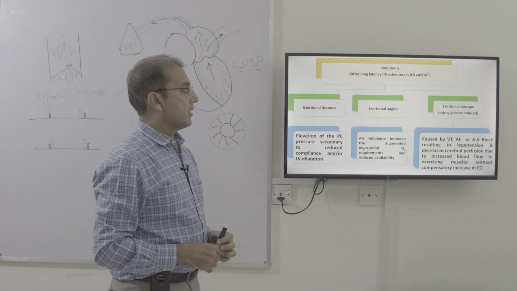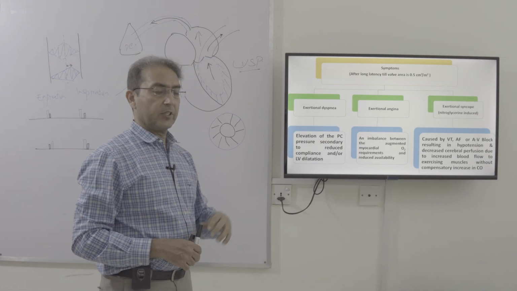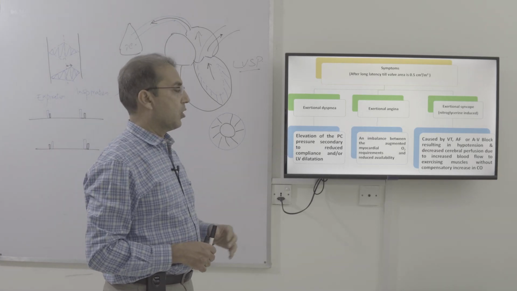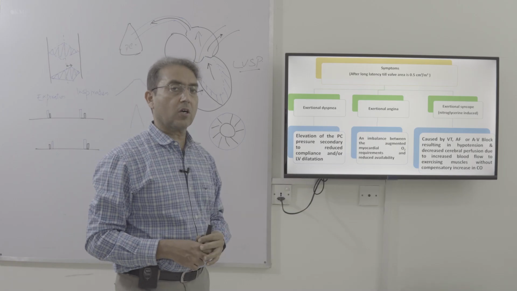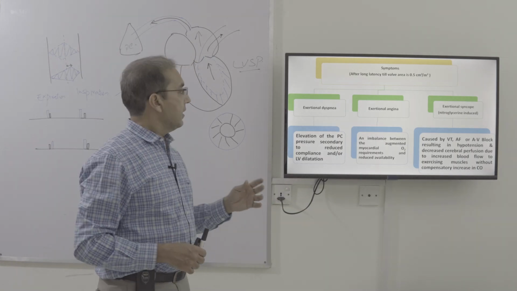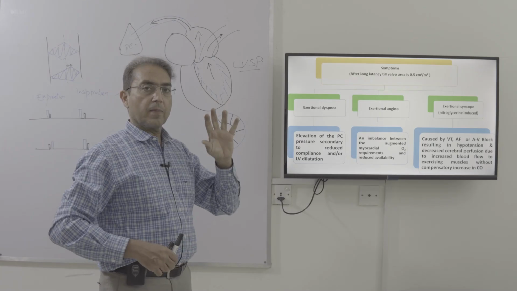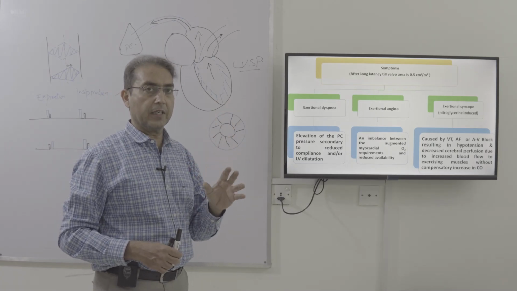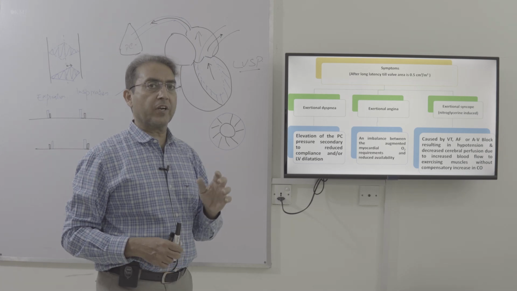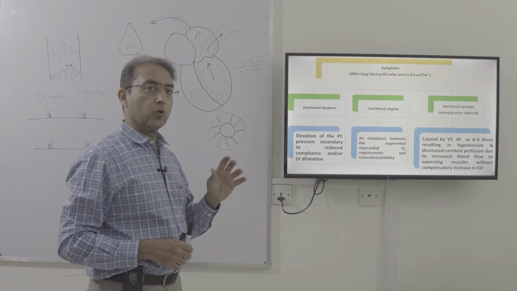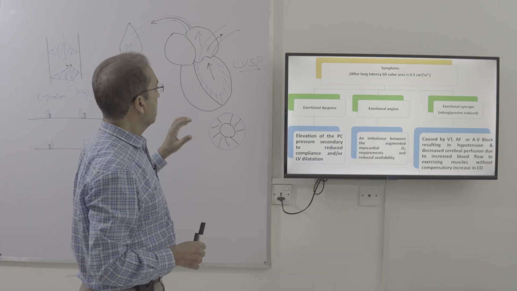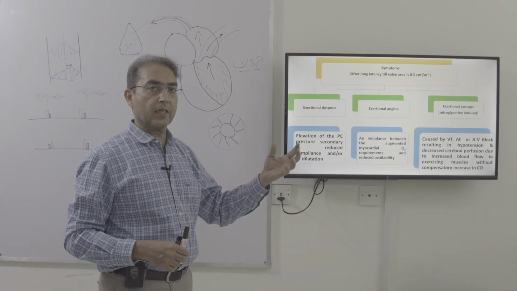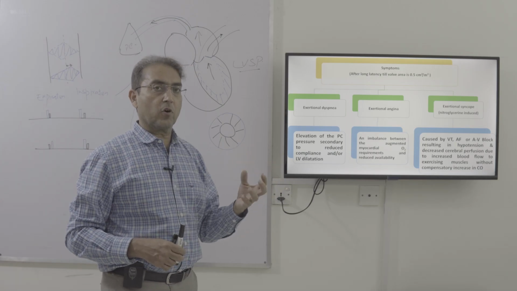Then the patient may have exertional angina. Patients usually do not have angina at rest, but it's usually with exertion because there is an imbalance between the oxygen supply and demand. The cardiac output in aortic stenosis is usually fixed. It cannot be increased very much. There is only a small fraction which can be increased if the stenosis is not very tight. But since this is a hypertrophied muscle, its oxygen requirements are generally higher than when the patient does not have aortic stenosis.